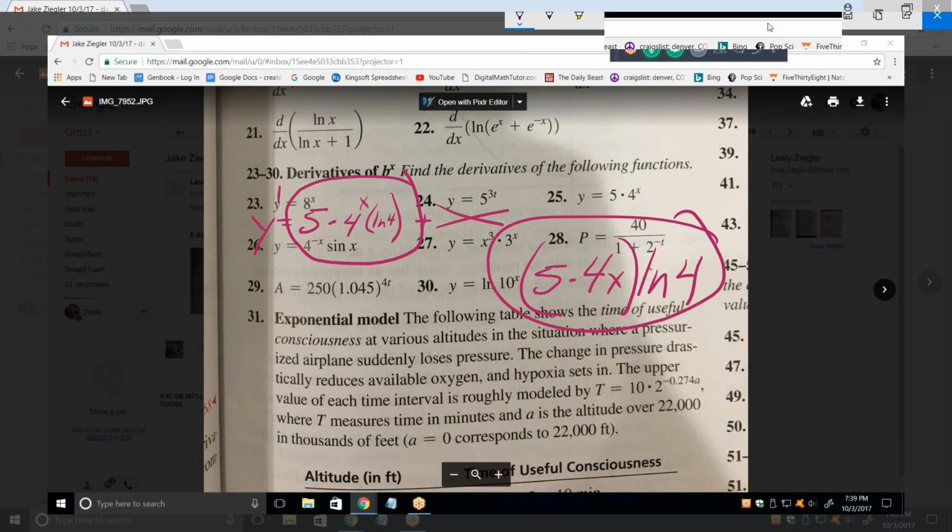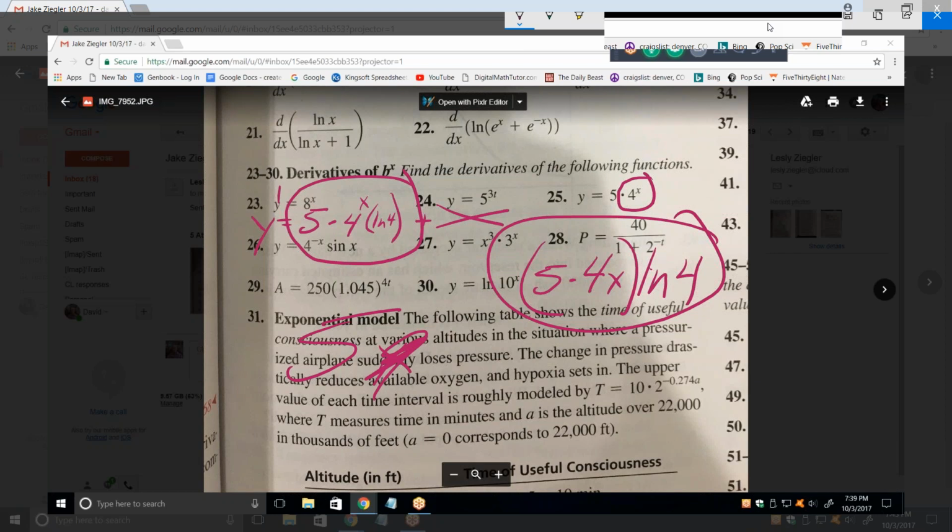So the way to do this is to just pretty much ignore the 5, but don't throw it away, bring it in, and just deal with that. Just like you would if I said, what's the derivative of 5x? You would ignore the 5, you would get rid of the x, and you'd be left with 5. So coefficients, you don't have to do anything special with them.